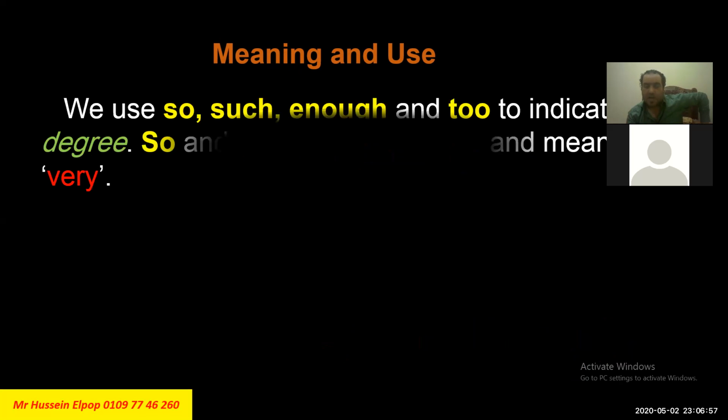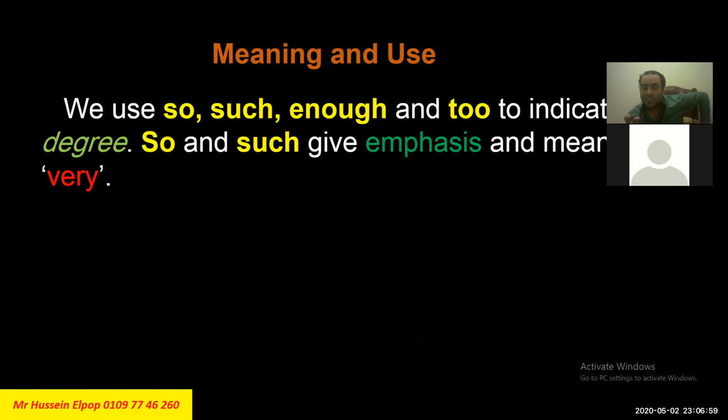So here, let's see. Now we're going to explain the two examples that you have just seen. First of all, both are somehow similar. Why? Because both mean very, but they are more than very. We use them to emphasize an idea, to confirm it, to say that yes, the dress was really pretty and it was really cold.